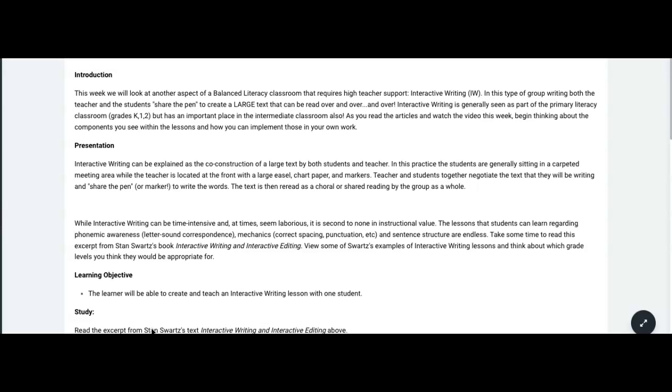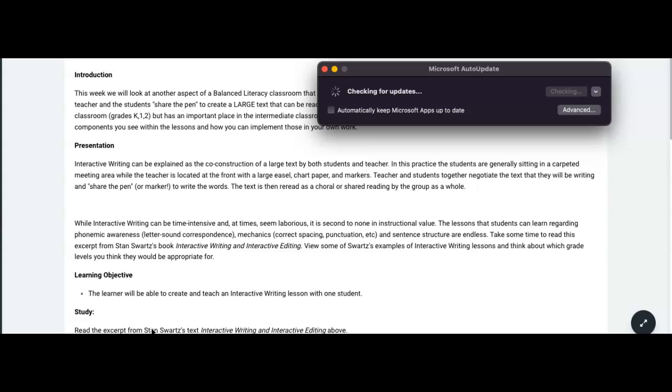They state that during interactive writing, the students are generally sitting in a carpeted area while the teacher is located at the front with a large easel, chart paper, markers, magnetic letters, magnadoodle, correction tape, etc. The teacher and students together decide what the text will be. In other words, they negotiate what will be written.